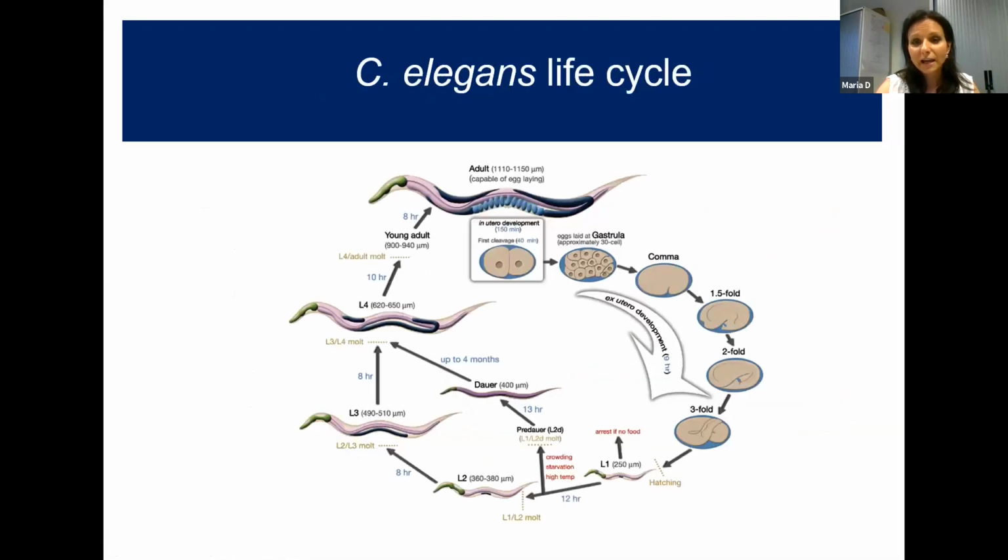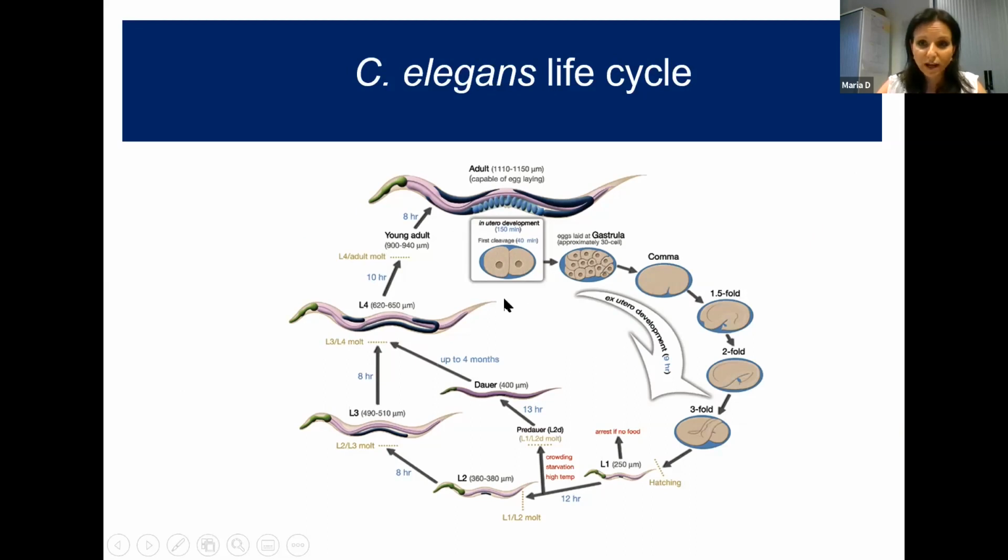The C. elegans life cycle is very simple. As I said, from an egg to the adult that you see at the top, it can take 2.5 days. When the egg hatches, you have little babies called larvae 1, then larvae 2, larvae 3, larvae 4. This is the time where they start to make sperm, and after that they start to make their own eggs, and then become adults.